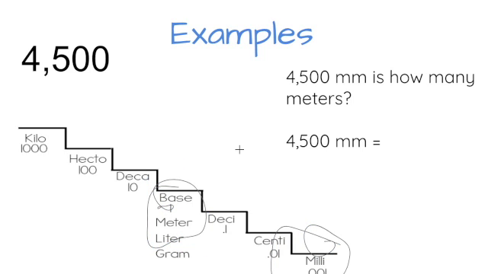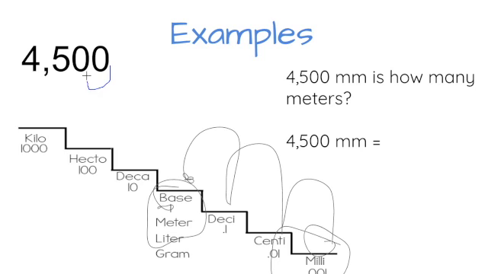All right, we're ready to hop. 1, 2, 3. All right, that means we're going to move our decimal 3 places, but this time we're going the opposite way because we're moving up the steps. So our decimal right now is imaginary behind our last 0, and we're moving it 3 times. 1, 2, 3.